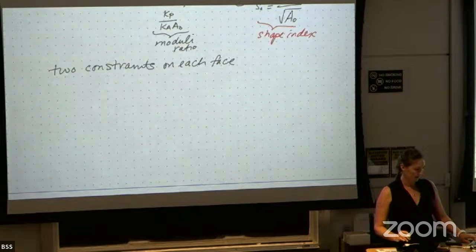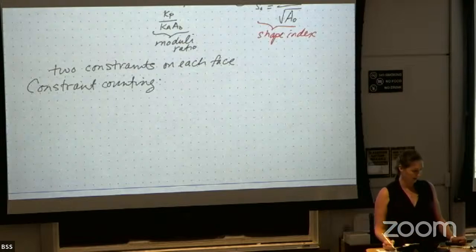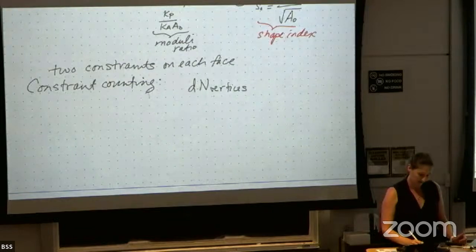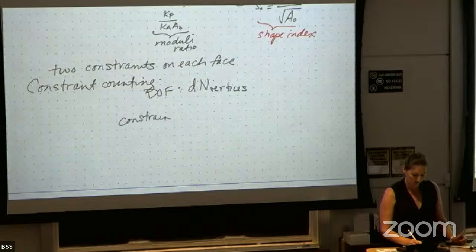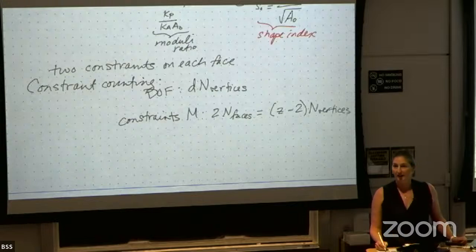Okay, so there are two on each face. And that means that if I want to do constraint counting for this system, I want to see if Maxwell-Calladine constraint counting can explain rigidity. I have d times the number of vertices equal to the number of degrees of freedom in my system, right? The number of constraints, which we've called m before, is equal to 2 times the number of faces, which you can work out for yourself if you want, is 2 times the number of vertices in these types of basic network structures.